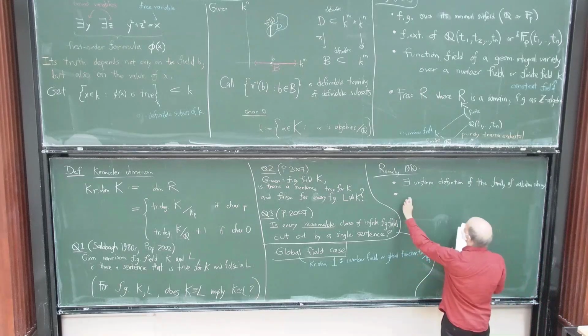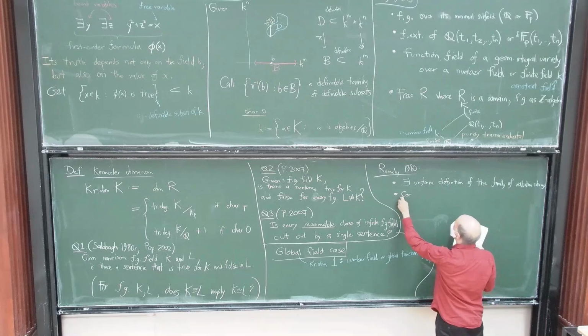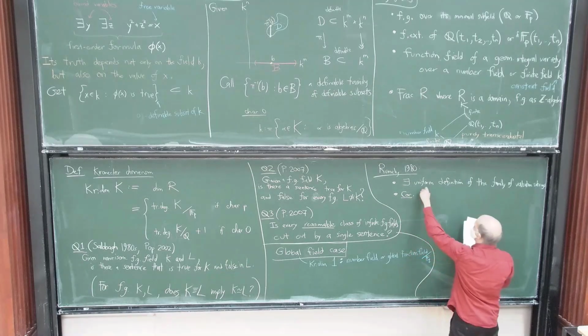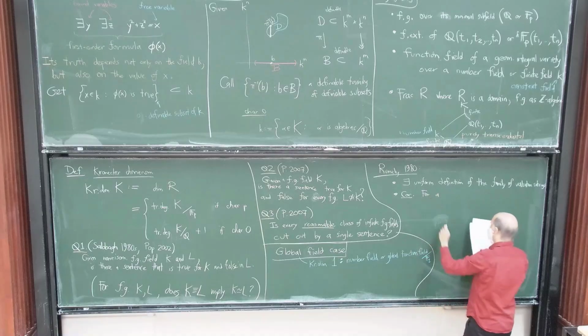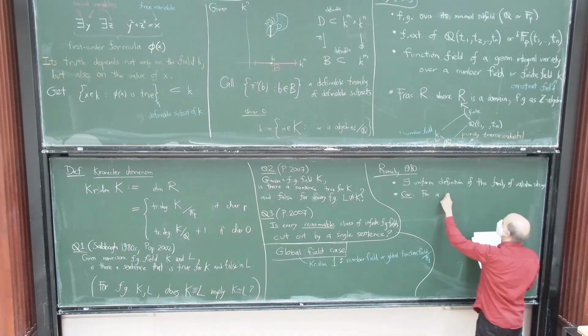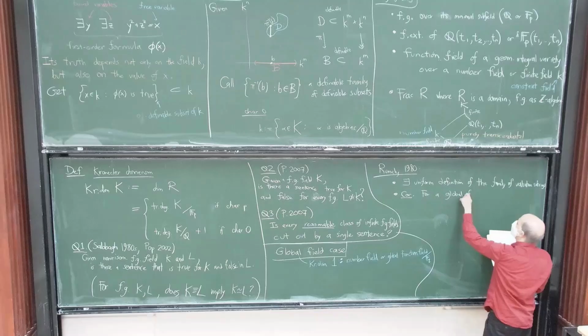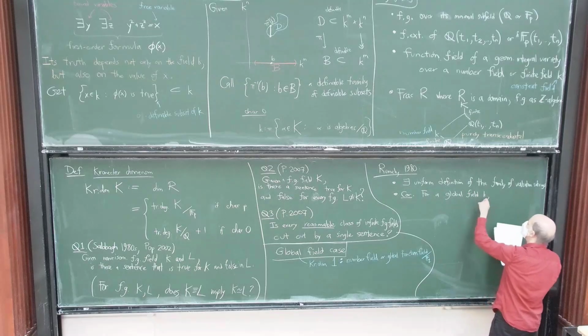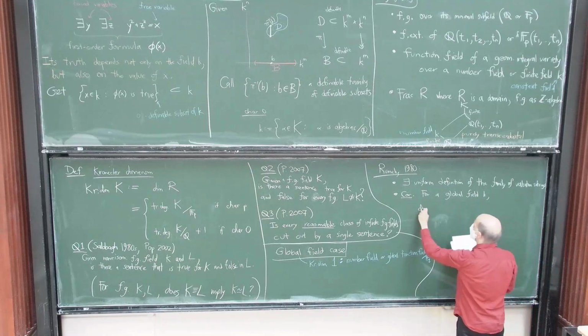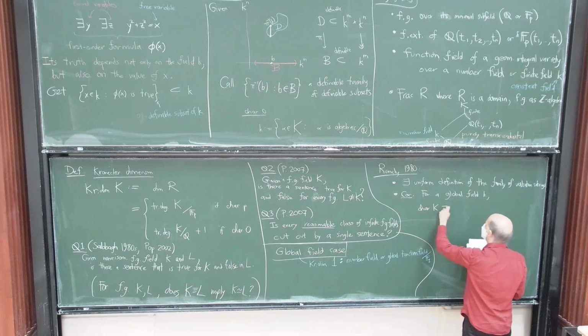As a sample corollary of this, you can detect the characteristic. If you have a global field K, how do you figure out whether the characteristic is 0 or not?